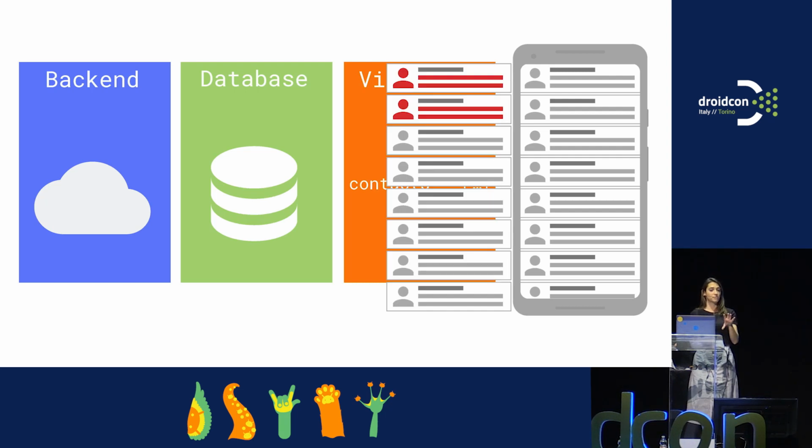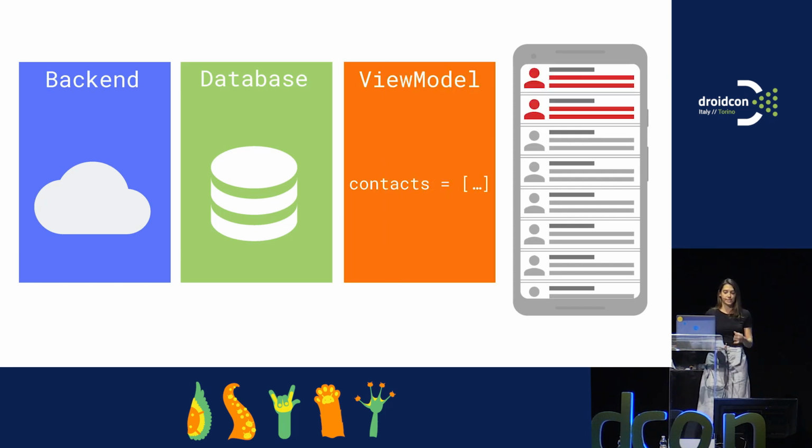We save those items in the database. But because in our case we're interested in all of the contacts, the database LiveData or observable will emit the entire list. Then this list is passed to the view model, then the view model passes this to the activity, and then the adapter nicely animates the changes, and our new items are added.